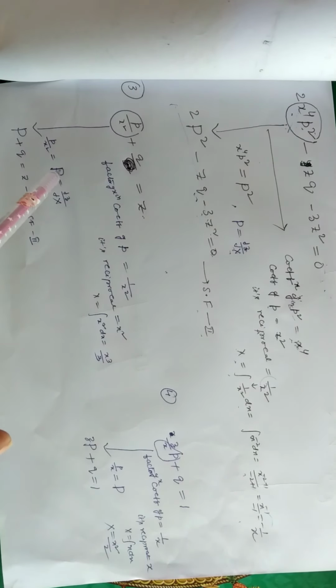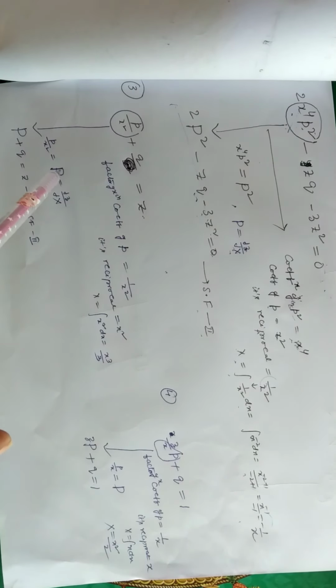What is the formula for capital X? We take the integral of the reciprocal. Here the coefficient of p is 1 by x square. Hence its reciprocal is x square. In the capital X formula, we consider the integral of its reciprocal, which is x square. That means integral x square into dx equal to x cube by 3.